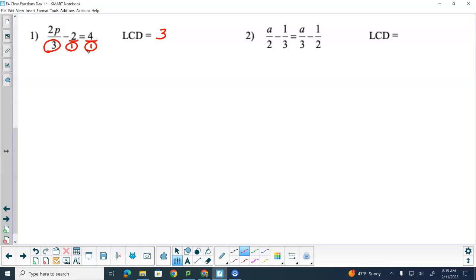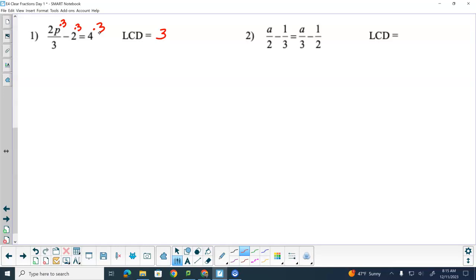Then what you do is you multiply, and I like to write this right in here. I multiply by 3 there, by 3 there, and by 3 there. I have to multiply all of those terms by 3.